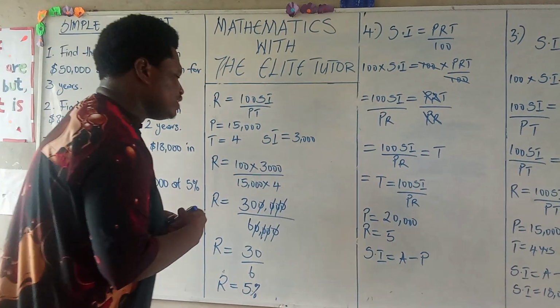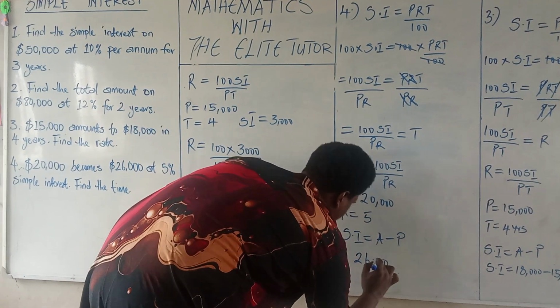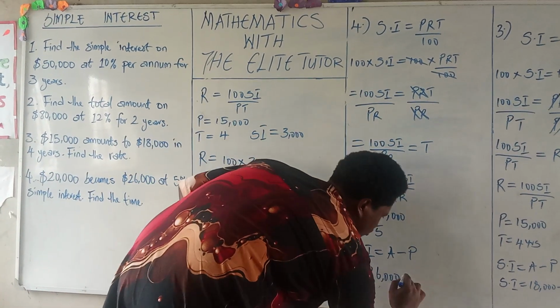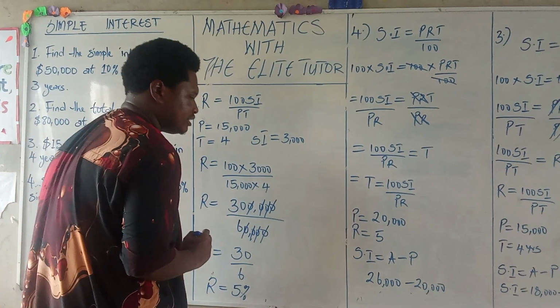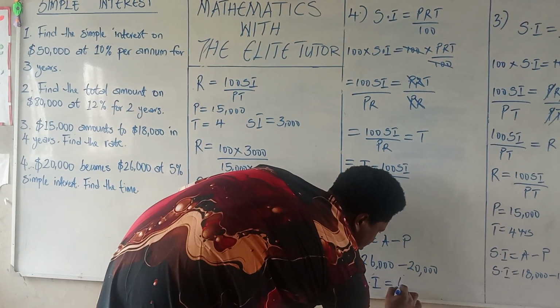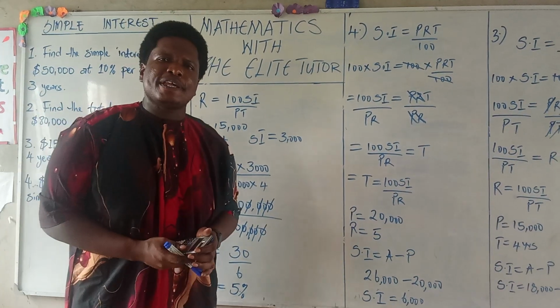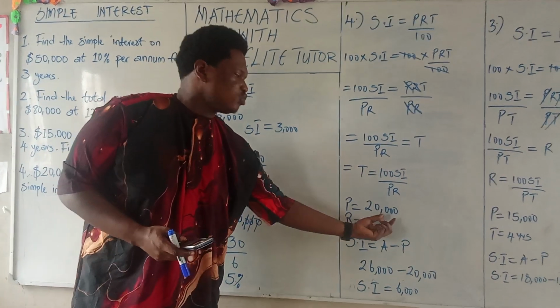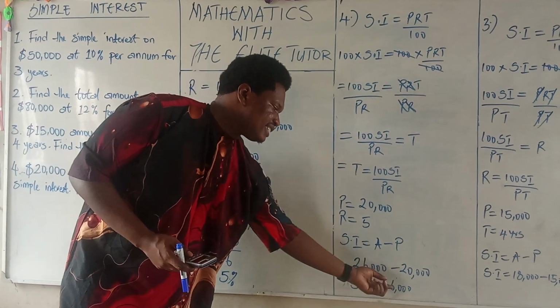So here the amount is $26,000 and our principal is $20,000. So the difference gives us our simple interest, which is equal to $6,000. So now we have our complete parameters.